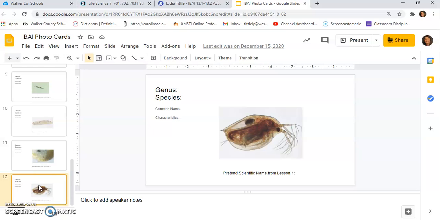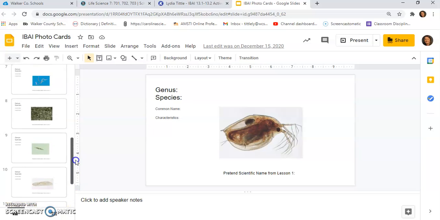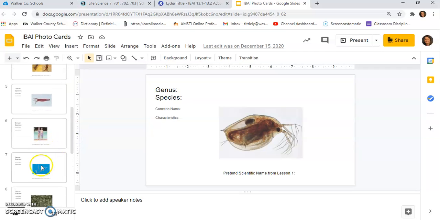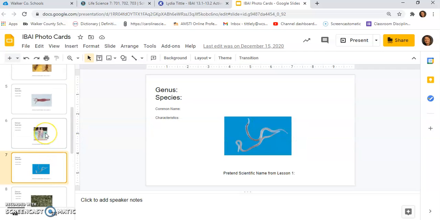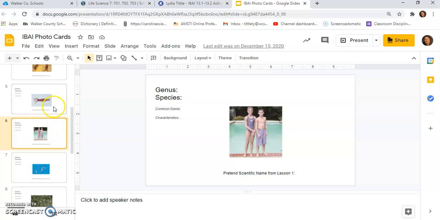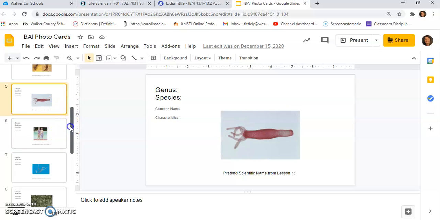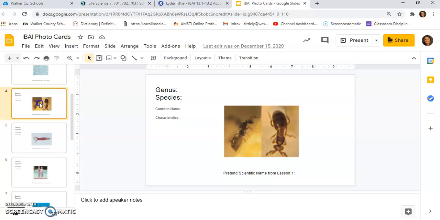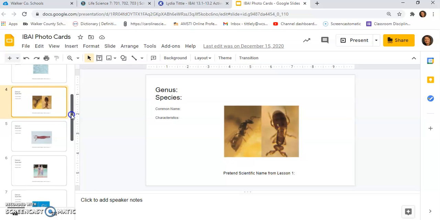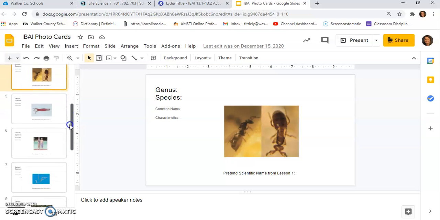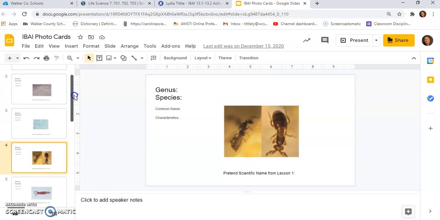You've got things that are in the animal kingdom, like the Daphnia and the blackworm and the humans and the hydra and the wow bug. Those are all animals. Okay, so pick one of your organisms from the animal kingdom. So either a wow bug, a hydra, the humans, the blackworm, or the Daphnia.